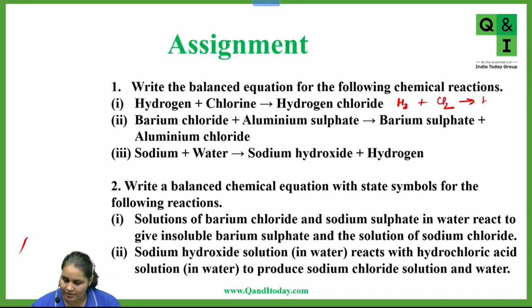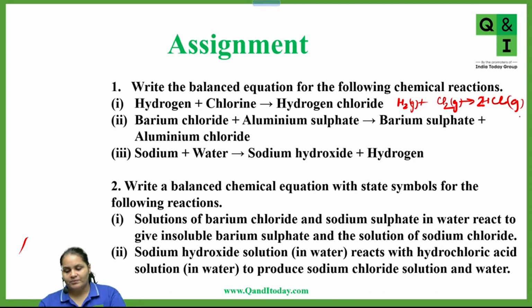HCl. Devi, you can unmute yourself, otherwise it will take time. So definitely it's not a balanced equation. What shall I add? A 2 before the HCl. Exactly. So H2 plus Cl2 gives 2 HCl. One thing more, we should also mention the states.